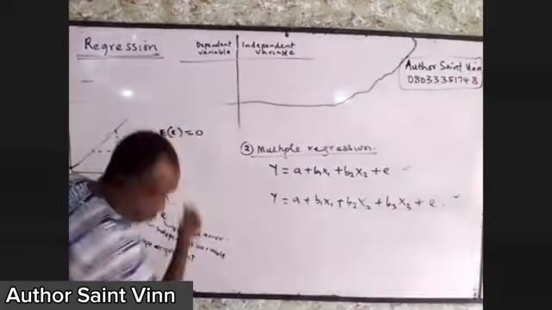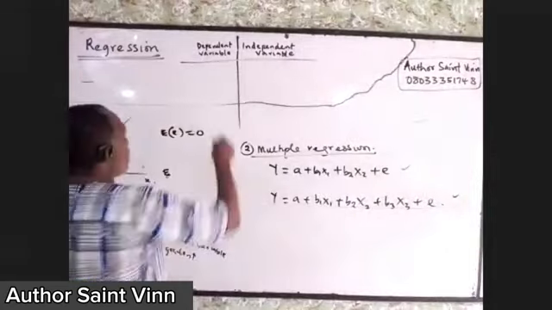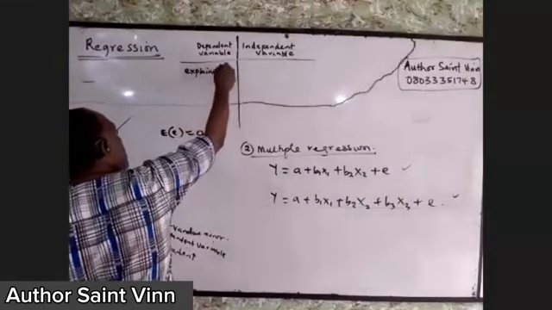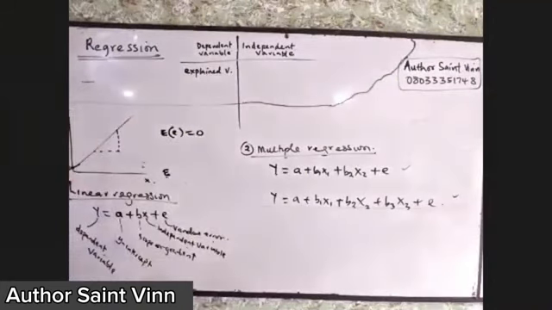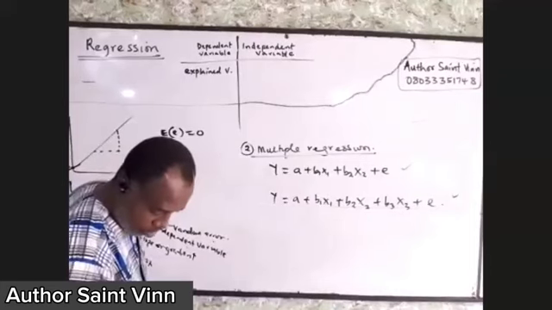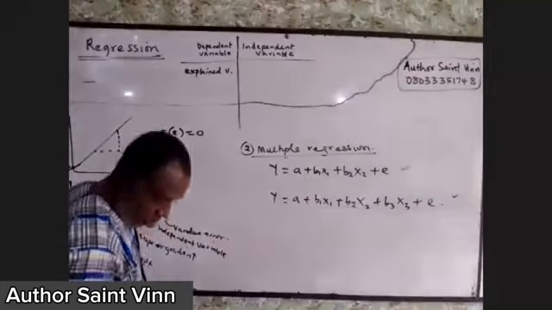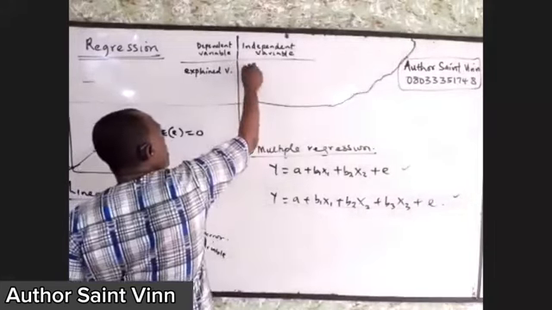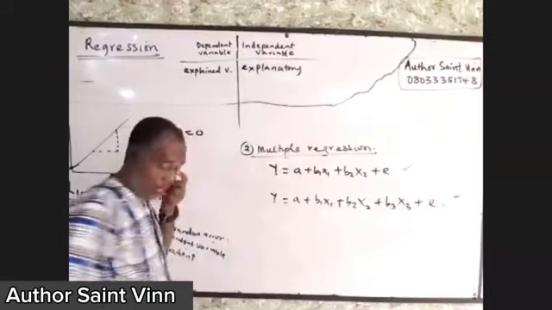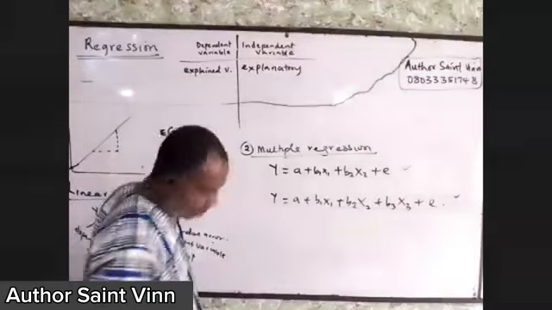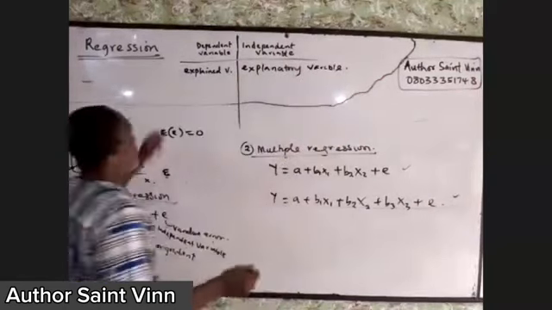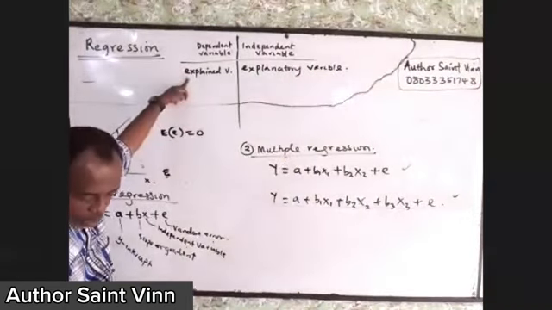They may call this one the explained variable. They may call this one the explanatory variable. This is the explained variable.